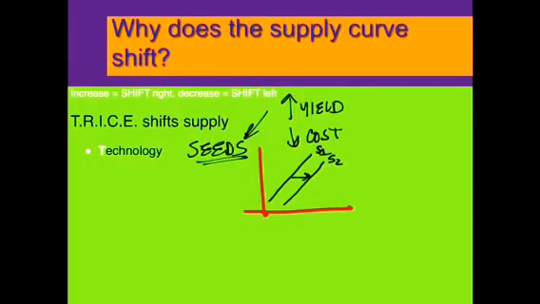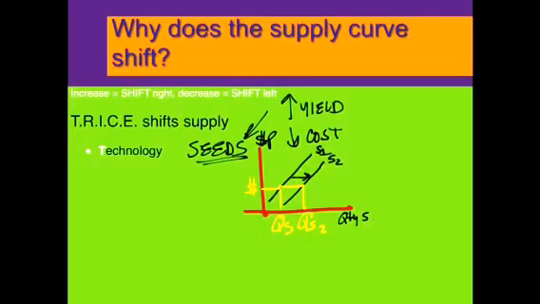So we have an increase in supply, and if you remember, there's price up here and quantity supplied down here. Let's write it in yellow. If you start out with this particular price at this particular quantity supplied, now at the same price you have an increase in the quantity of corn.